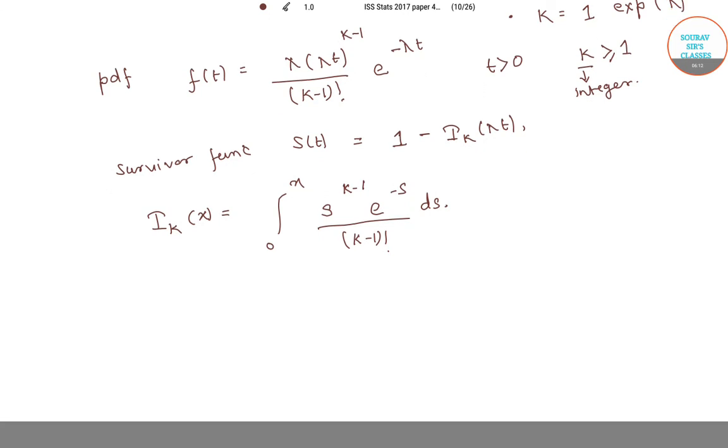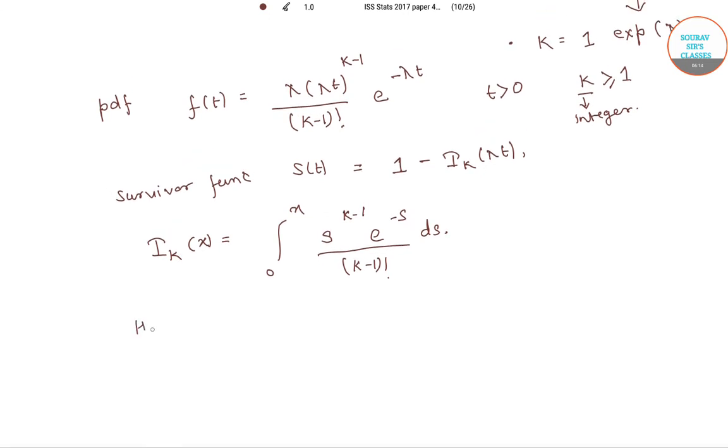So the hazard function would be equal to f of t divided by S of t.